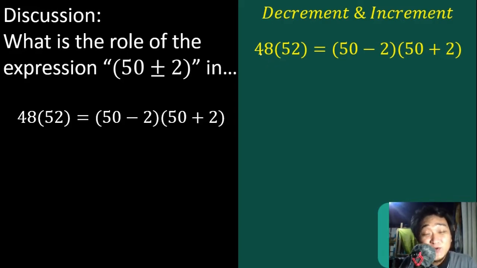So, if you're going to multiply 48 and 52, that is also equivalent to the quantity 50 minus 2 and 50 plus 2, wherein 50 minus 2 is the decrement and 50 plus 2 is the increment.